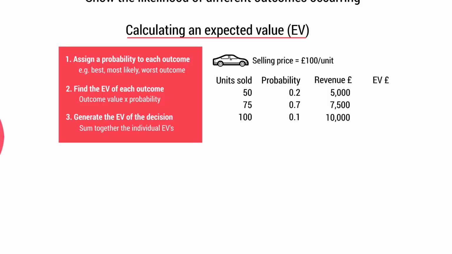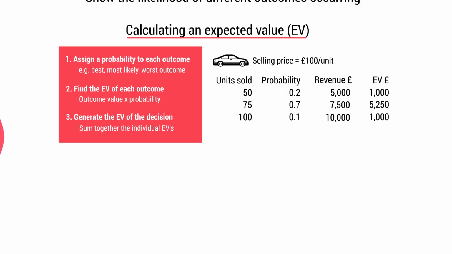So 0.2 multiplied by 5,000 is £1,000. Repeat the process for the second outcome, so that's 0.7 multiplied by 7,500, and that's £5,250. And repeat the process again for the best possible outcome, which also gives an expected value of 1,000.